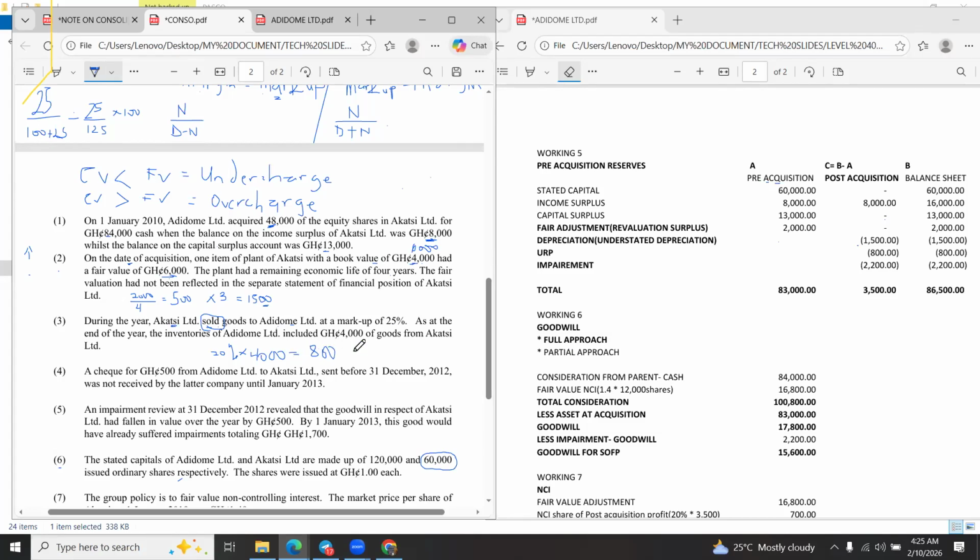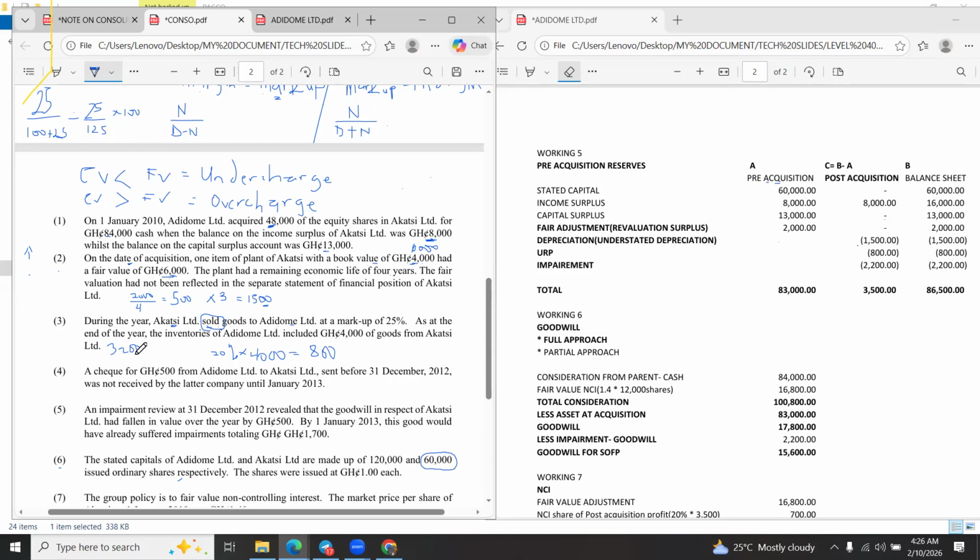It means that the cost of the goods is actually 3,200 and not 4,000. The goods were supposed to be purchased at 3,200, but they have given you the profit plus the cost all together.